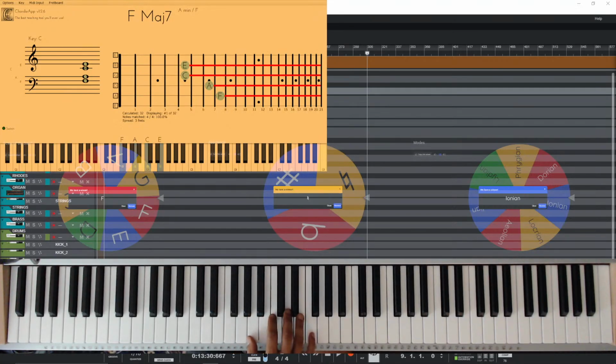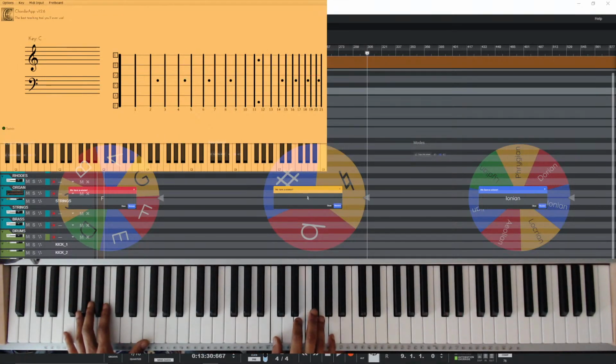We invert it 2 times, first inversion, second inversion, and then to spread it between both hands, we let go of our bass note, our true bass note, and then we can just move the shape about.